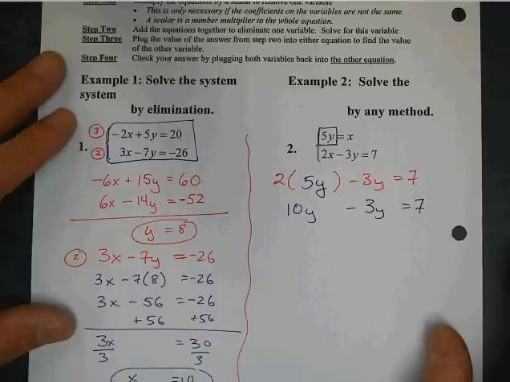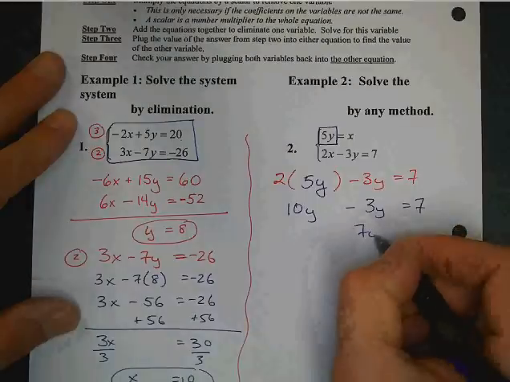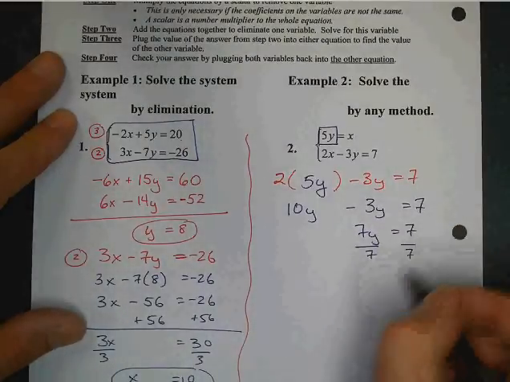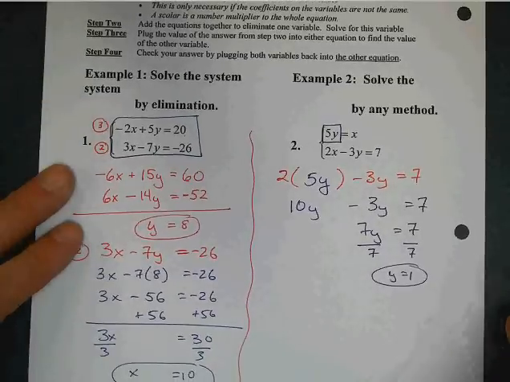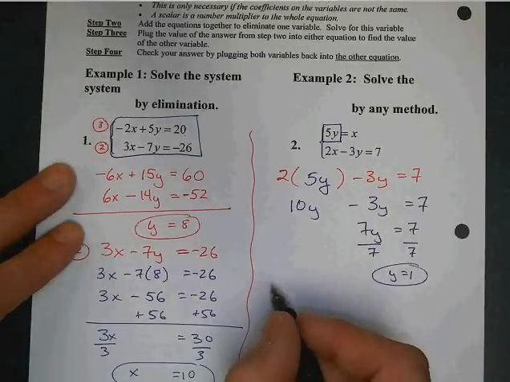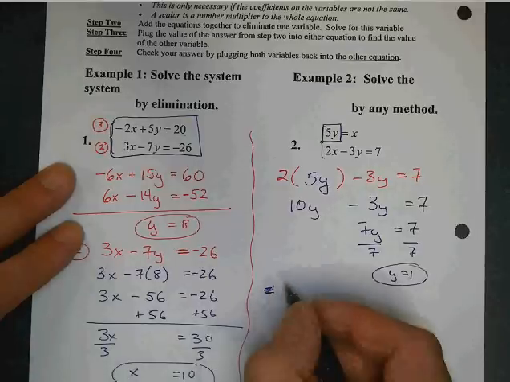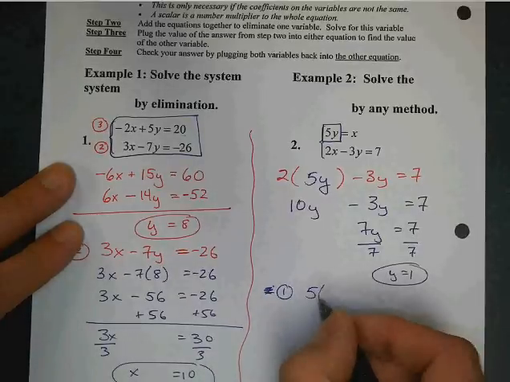Hannah and Brett, can you take me from there? 7y equals 7. Keep going. Y equals 1. Hannah, can you go from there? So then you would go back to the first problem and do 5 times 1, which would be 5.